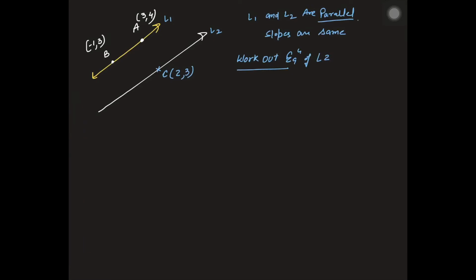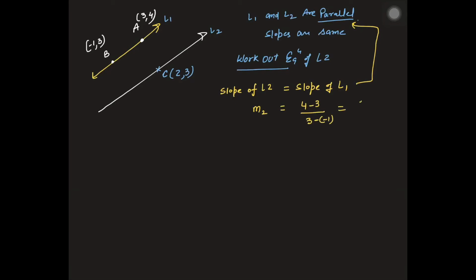So guys, slopes will be same. Doesn't matter whether you are looking for L1 or L2. So let's look for the slope of L2. Rather, I should not write M2. So it's L2. So the slope of L2 is the slope of L1, and the slope of L1 is simple because we have 2 points already. 4 minus 3 over 3 minus of -1.